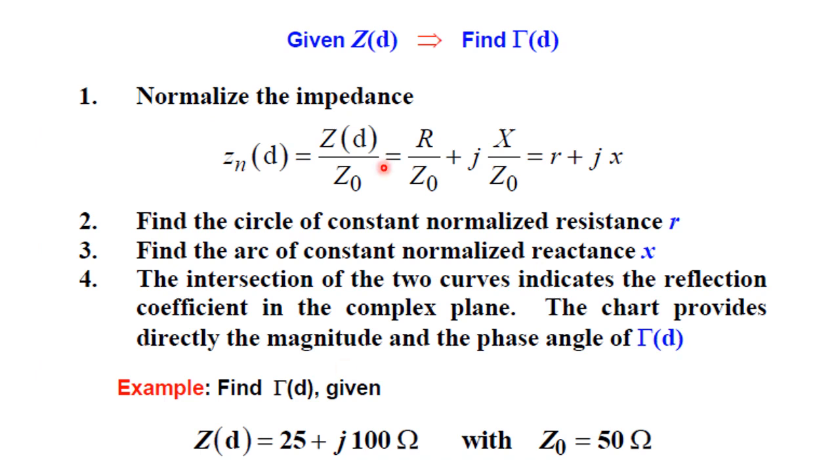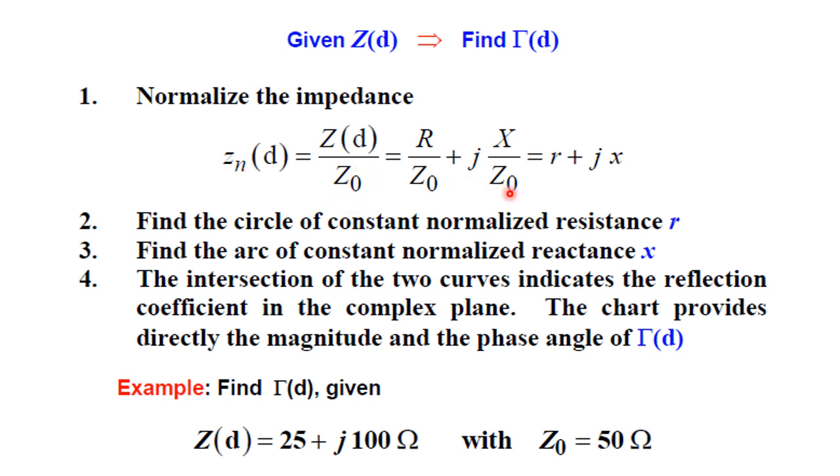So here, when the characteristic impedance and the load impedance are given, how do we find the reflection coefficient? First of all, the steps are given here. We have to normalize the impedance.